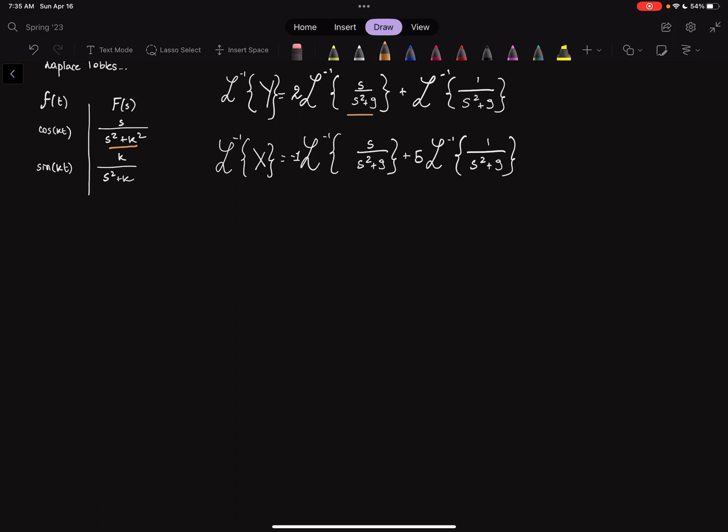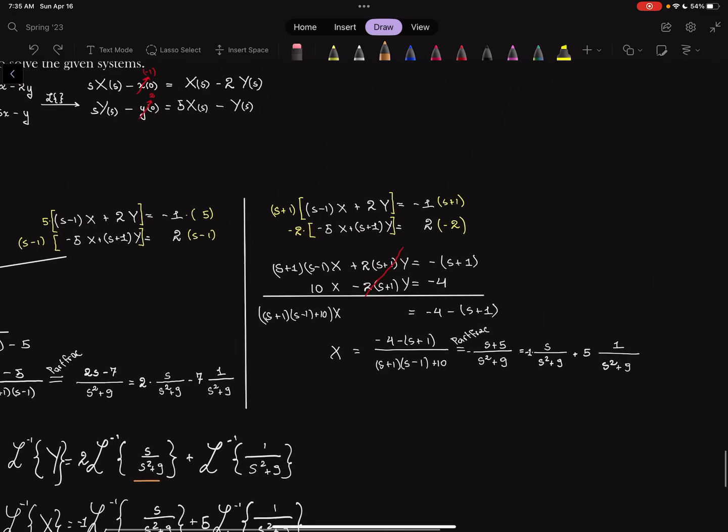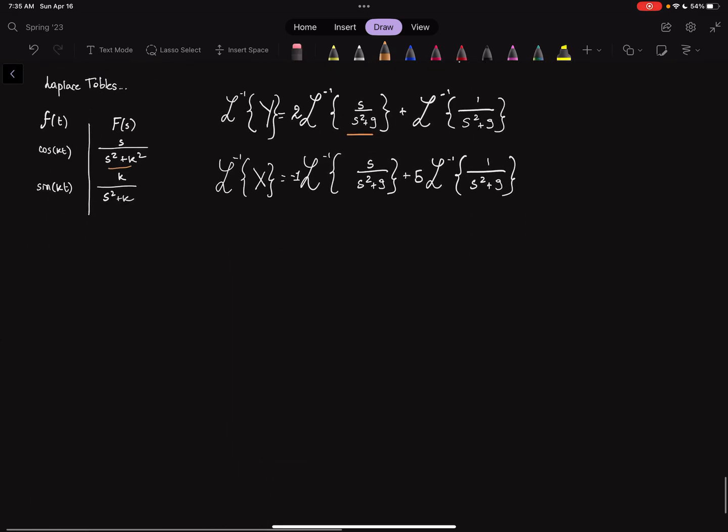So my k is square root of 9, which is 3. So I can say right away that the Laplace inverse of the Y of s is going to be small y of t. And here I can already say 2 times the cosine of square root of 9, which is 3, times t.